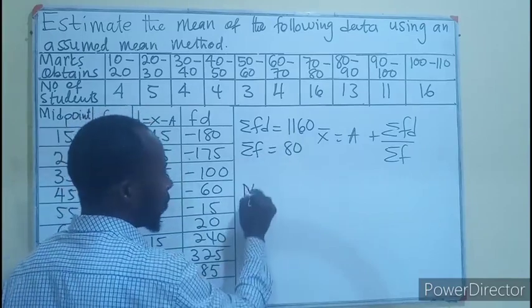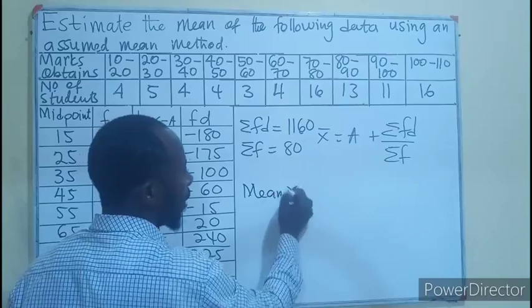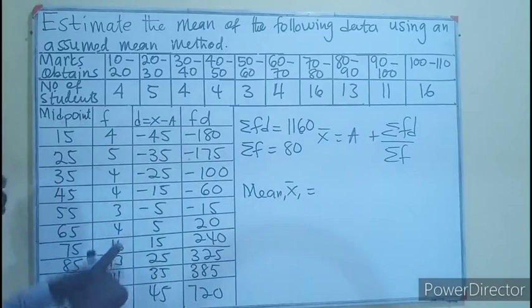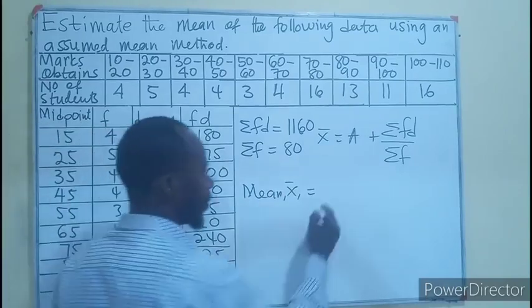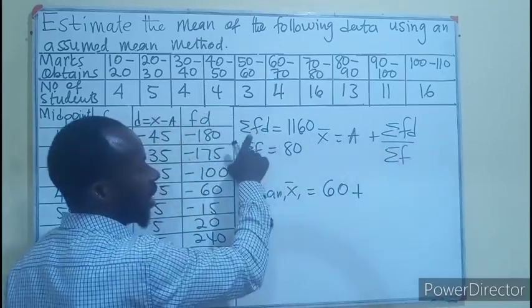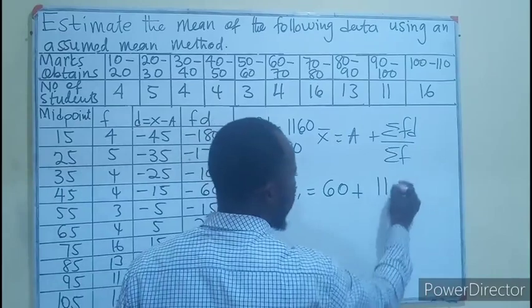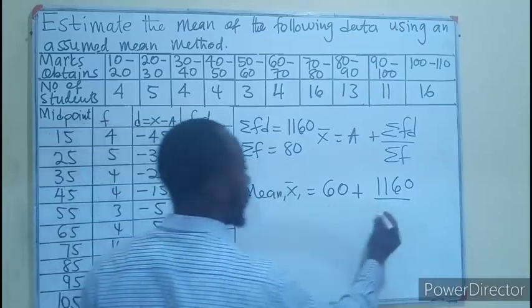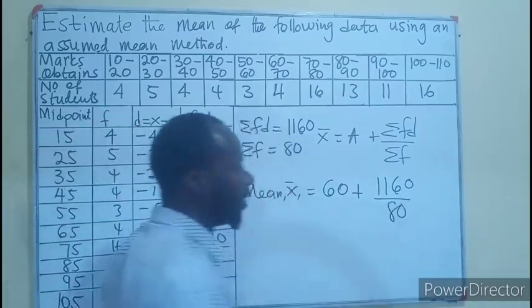So the mean, which is x prime, the assumed mean that we assumed was 60. So 60 plus sigma FD, which is 1160, divided by sigma F, which is 80.